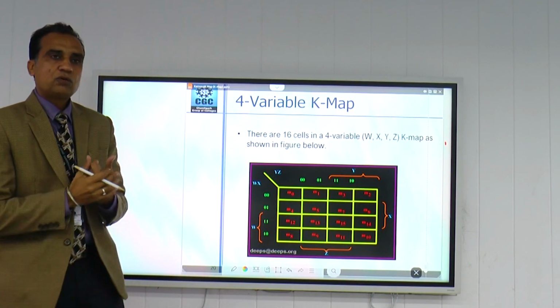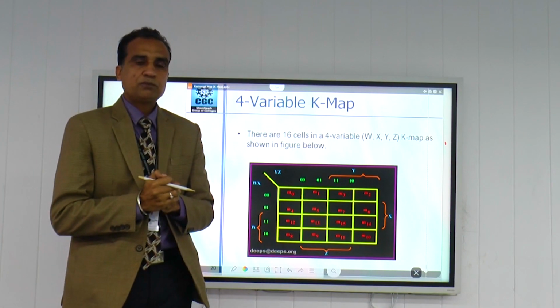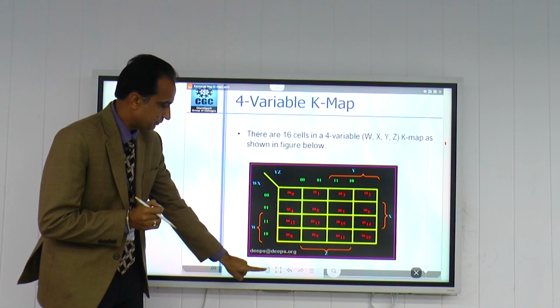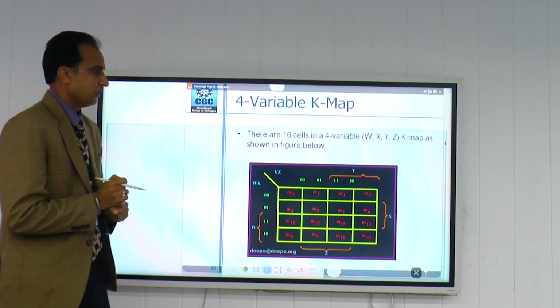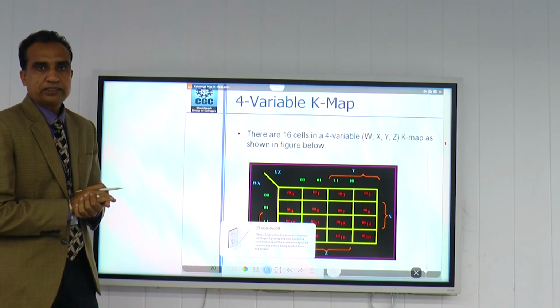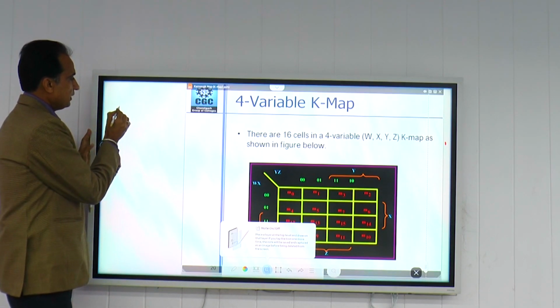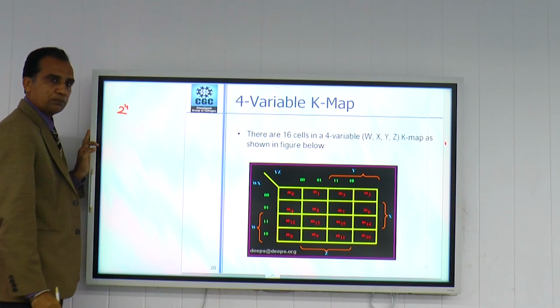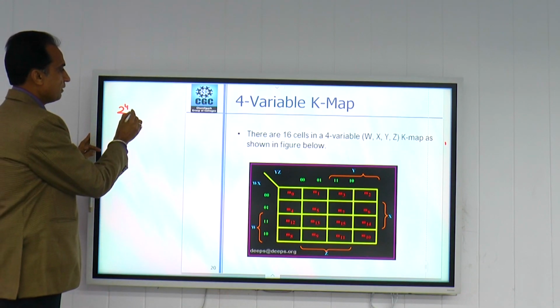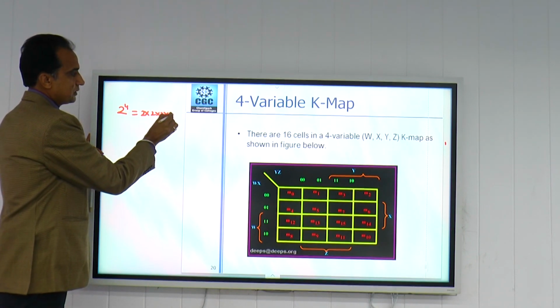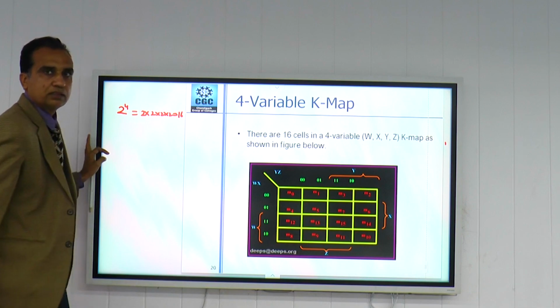Now next is how we are going to solve a K-map of 4 variables. In case of 4 variables, first of all we should know how many square grids are required. If there are 4 variables, it is 2 raised to the power 4, which means 16 square grids are required.